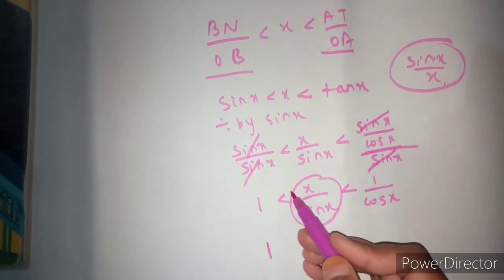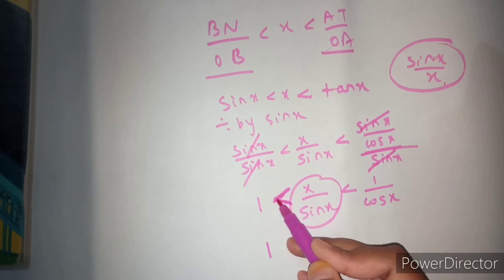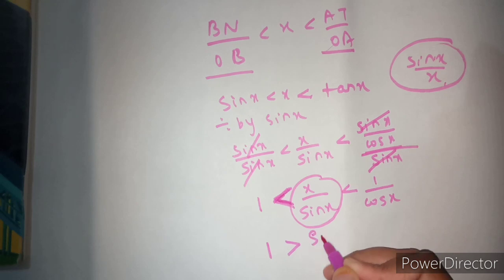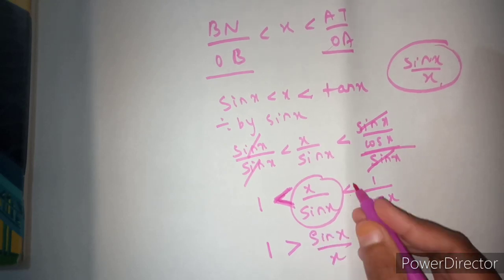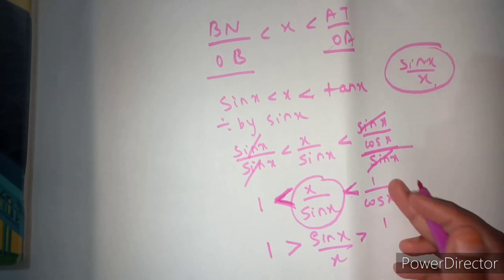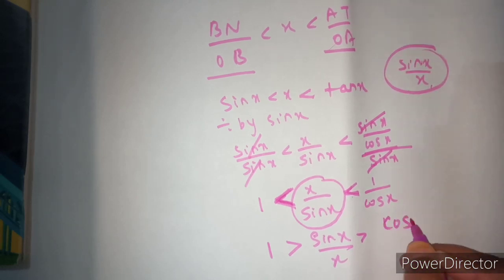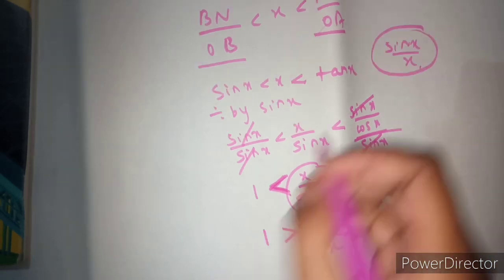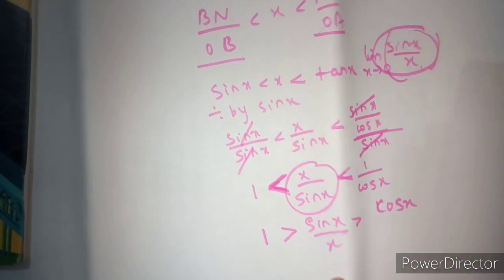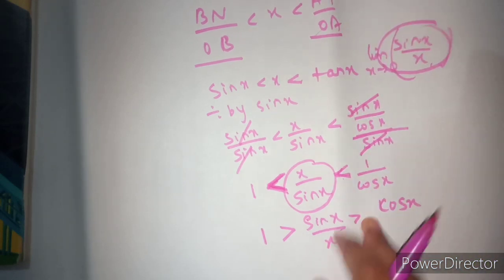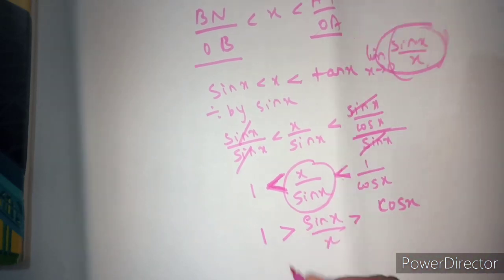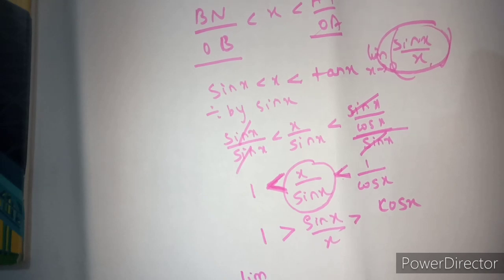The less than sign becomes greater than, so sin x by x is greater than 1 by... reversed, and the reciprocal of 1 by cos x becomes cos x. In the question, we need to find the value of limit x tends to 0 of sin x by x. So I am putting limit x tends to 0 on all three sides, limit x tends to 0, 1.